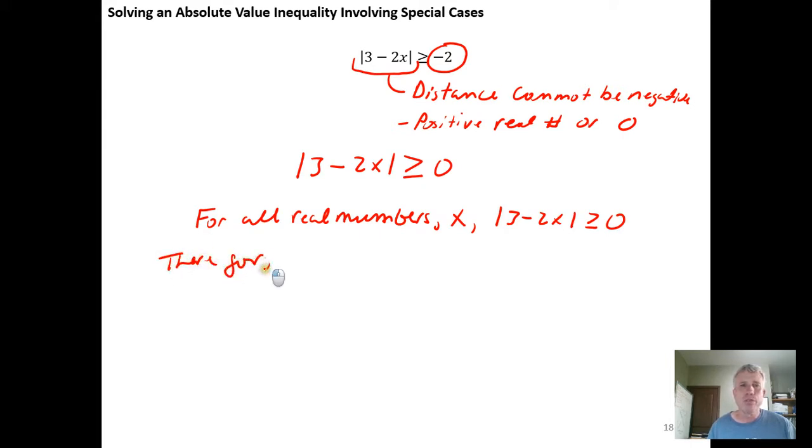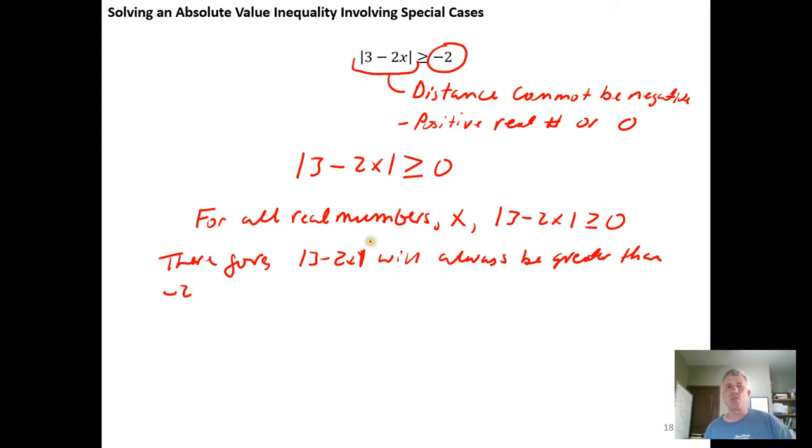Therefore, the absolute value of 3 minus 2x will always be greater than negative 2. And it won't matter what we choose for x. This means x can be any real number you want.